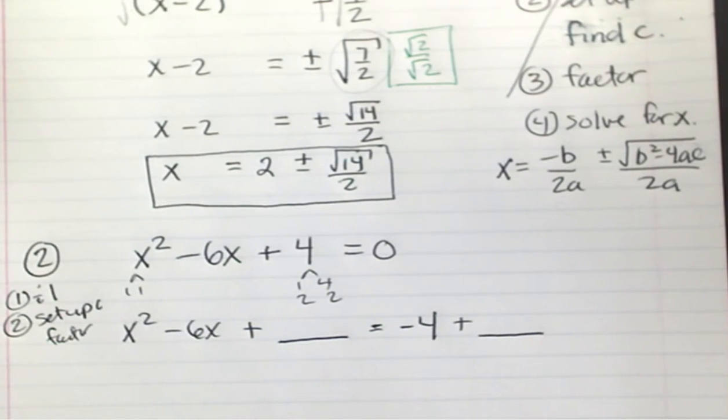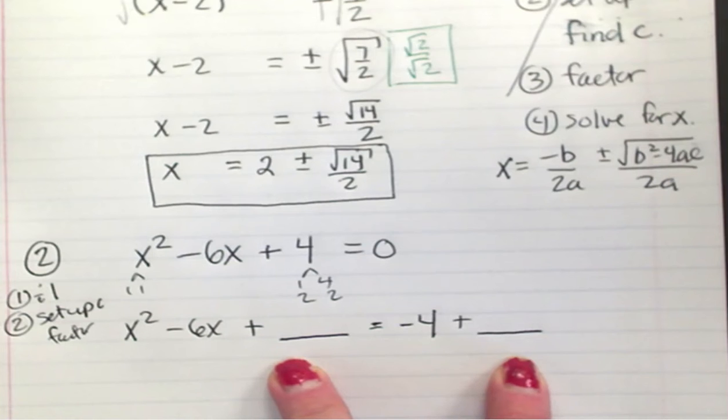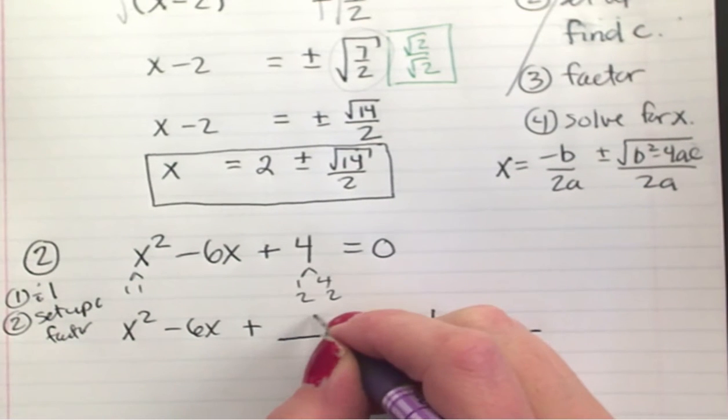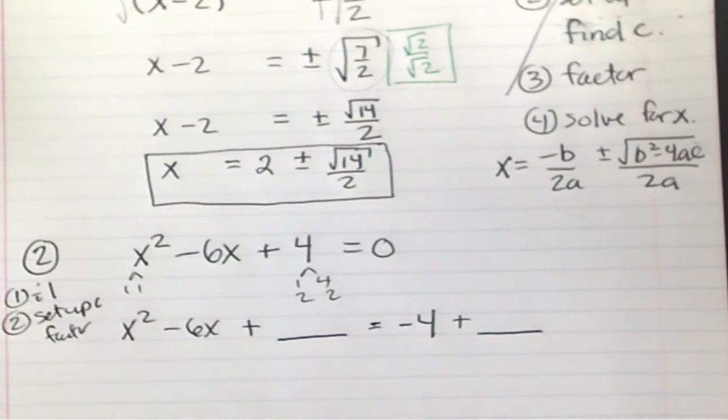All right. Show of hands, who knows what goes in the blank? How many of you know what goes in the blank? Yes, yes, yes, yay. Okay. All right, Lily, what goes in my blank? I think it's 3.